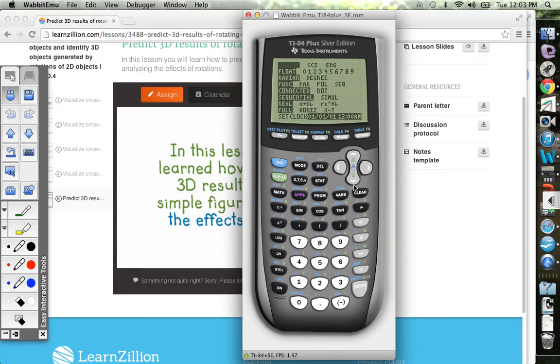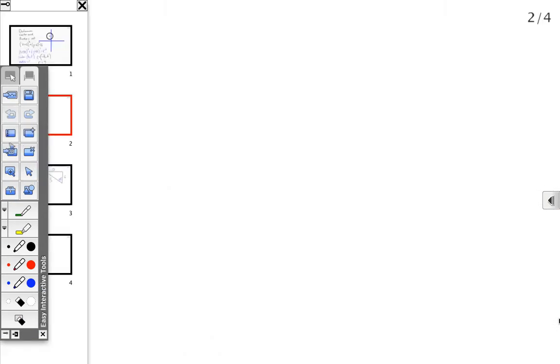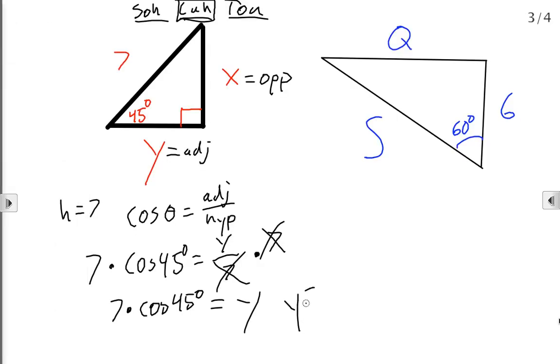The moment I'm in radians, so let's change that over to degrees. Hit enter. Let's hit clear, and we'll just do 7 cosine 45. And what we get is 4.949 or 4.950 as a total. So that's our y value. Y equals 4.950.